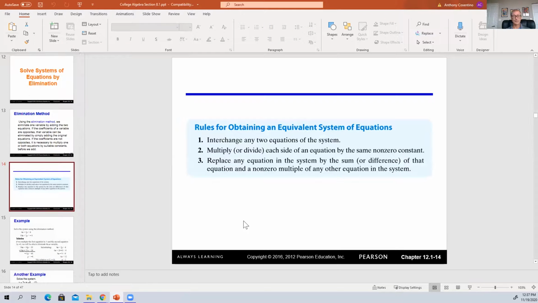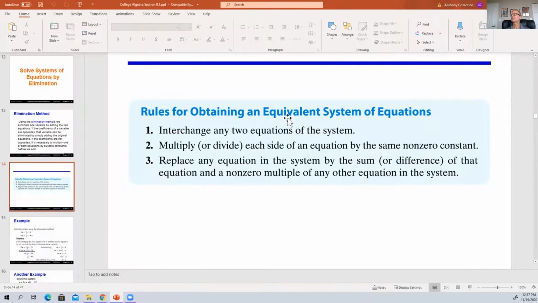So here are the three rules, or actually things that you could do to the equations. First one is you can interchange any of those equations. So if we have equation 1, equation 2, you want to flip them? No problem, right? The other thing is that you can multiply or divide, but typically we're going to multiply an equation by any number except for 0, and that equation doesn't change.